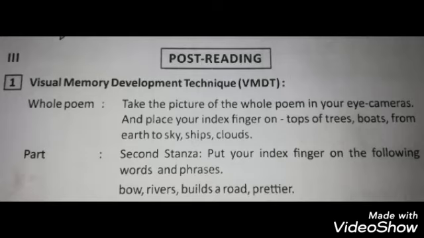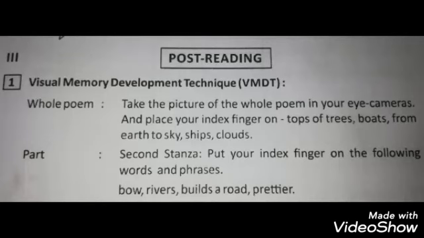Welcome back to the post-reading activities of lesson 2, the poem The Rainbow. We have already discussed SGP 1 and 2, or part 1 of this text and the next part 2 of this text, and also its activities. Then come back to the post-reading activities.